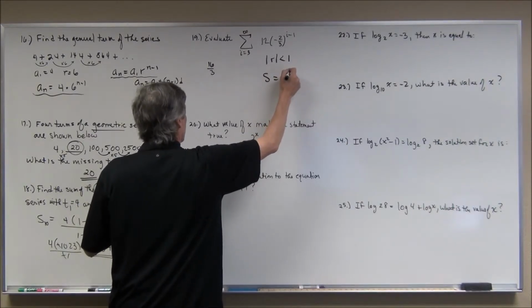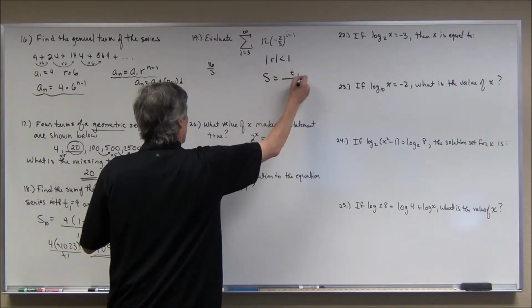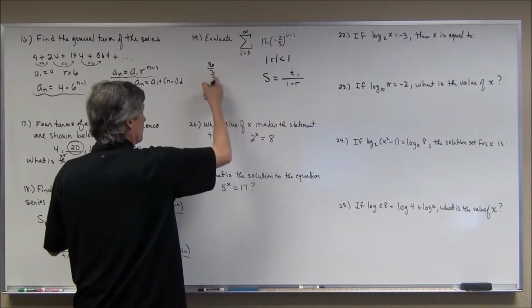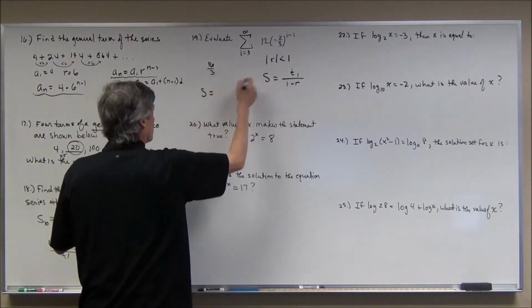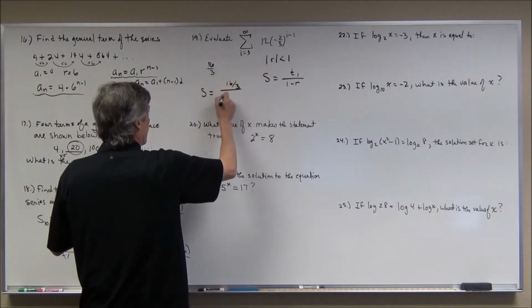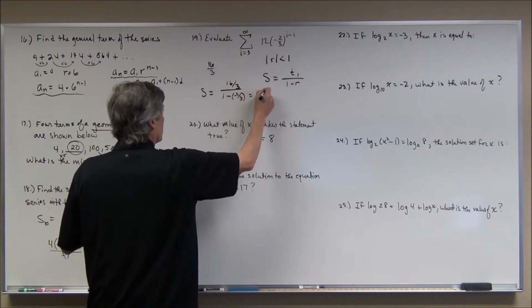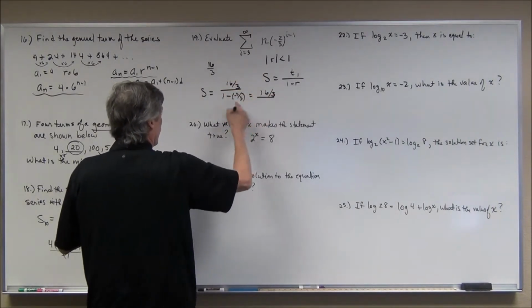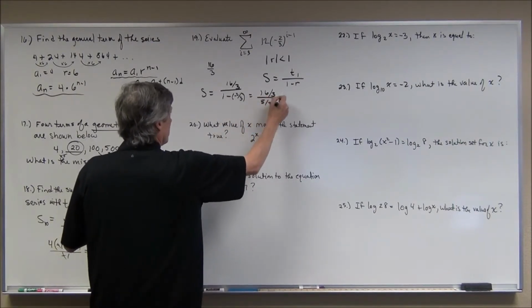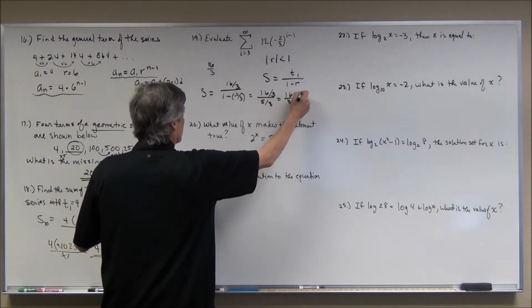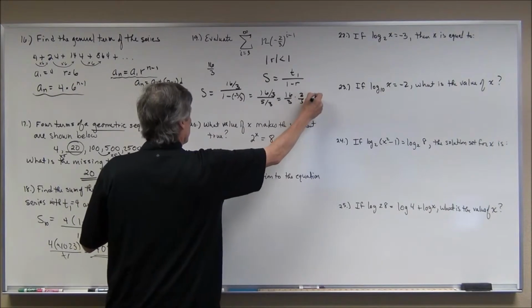It is the first term all over 1 minus r. So my first term is 16/3 all over 1 minus r, which is negative 2/3. So this is 16/3 over 5/3. 16/3 times 3/5 is 16/5.